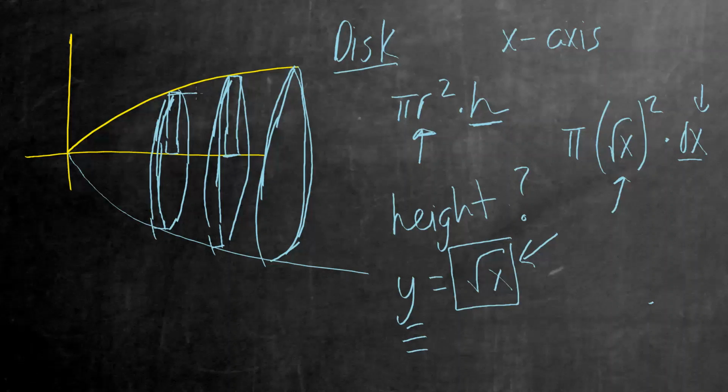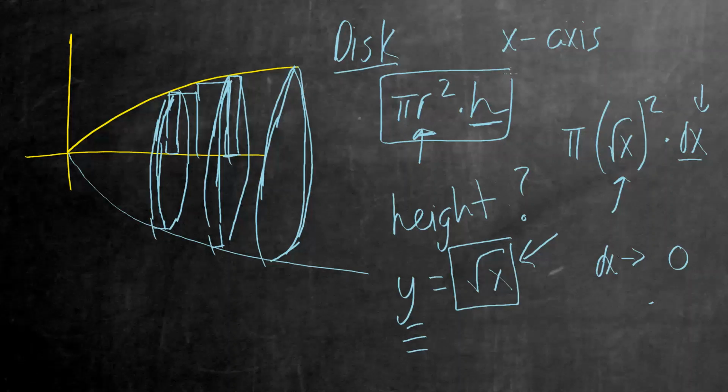We could do 1. We could do 1/2. We could do 1/4. We could get smaller and smaller until, as dx goes to 0, we would get our exact area, and in this case now our exact volume.